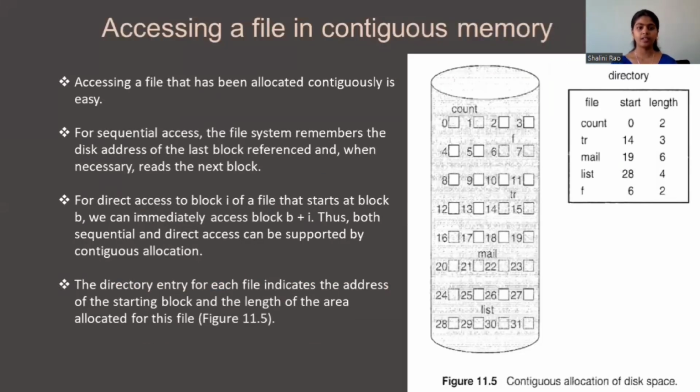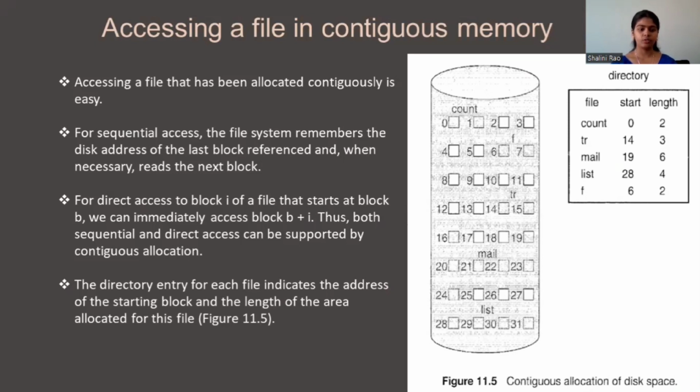Next, we have accessing a file in contiguous memory. Accessing a file that has been allocated contiguously is easy. For sequential access, the file system remembers the disk address of the last block referenced and when necessary reads the next block.